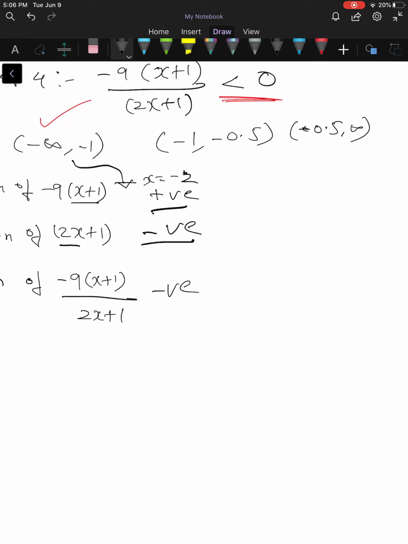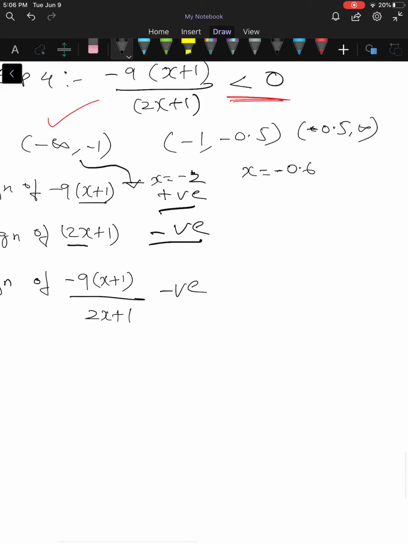Next one. In between negative 1 and negative 0.5, I consider negative 0.6. Negative 0.6 plus 1 would give me 0.4. Positive times negative would give me negative.